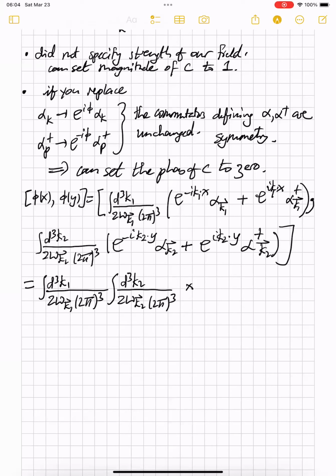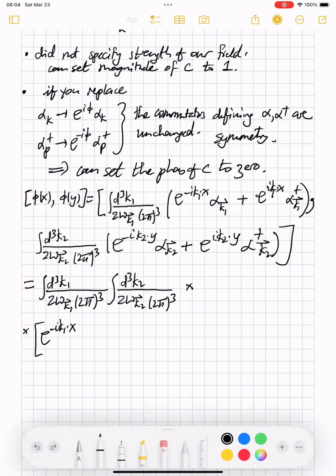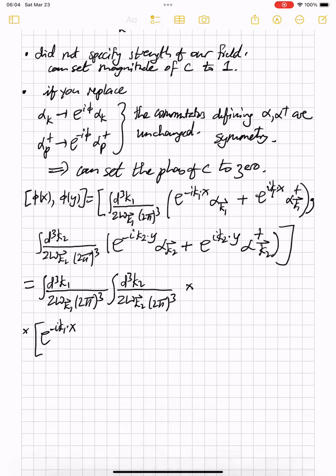And then we are calculating this commutator: e to the minus I k1 dot x, then alpha k1 plus e to the I k1 dot x alpha dagger k1, comma, e to the minus I k2 dot y alpha k2 plus e to the I k2 dot y alpha dagger k2.